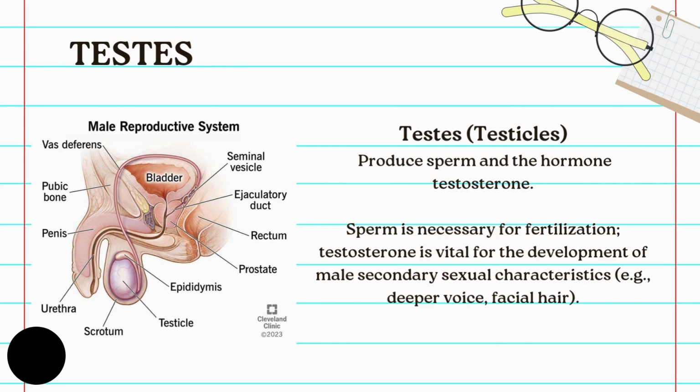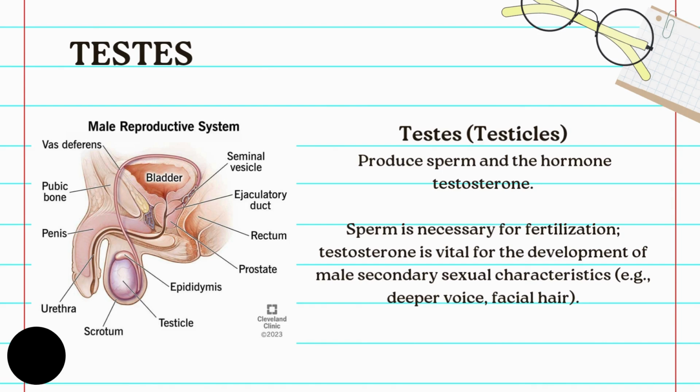Okay? So first and foremost, everything starts in the testes. The testes or the testicles, their main function is to produce sperm and the hormone testosterone. Sperm, as we know, is very important in fertilization. That's how you were on this earth.